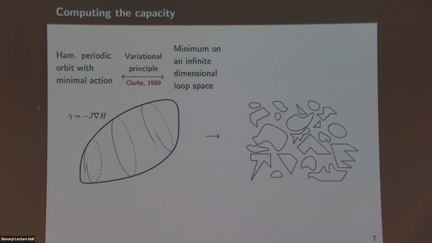So let me now move on to some of the approaches to try and study this conjecture. As we said, capacities are very hard to compute, so let's try to find ways to compute them better. Recall that we are interested in Hamiltonian periodic orbits with minimal action. Clarke's duality tells us that there is a variational principle that puts those loops in correspondence with taking the minimum of a functional, but this would be over an infinite-dimensional loop space, so it's still difficult.